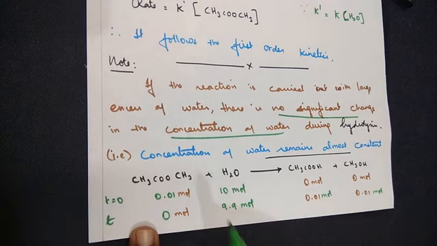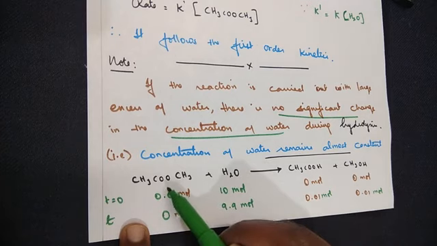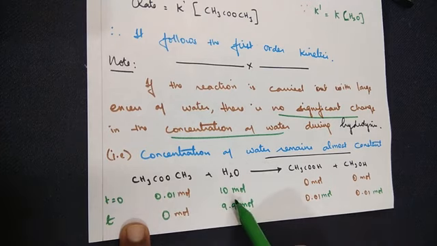Since the rate of the reaction depends on the reactants alone, 0.01 mole to 0 is a decrease, and from 10 mole to 9.9 mole, 0.1 mole of decrease has taken place. Here also a decrease has taken place, here also a decrease has taken place. But which is more significant? The change in the ester's concentration is more significant than in water.